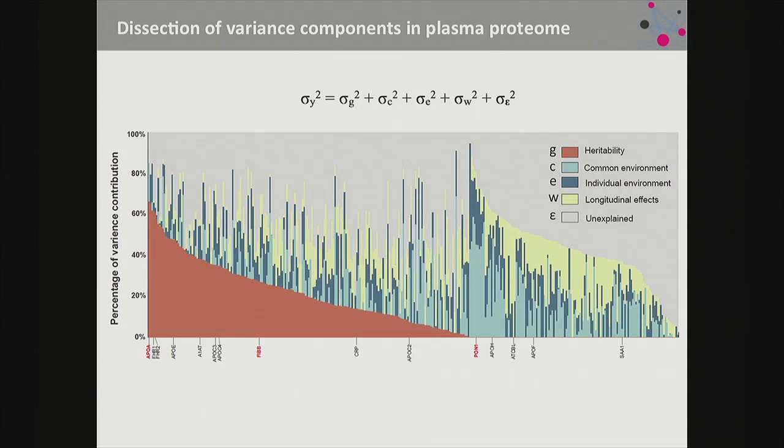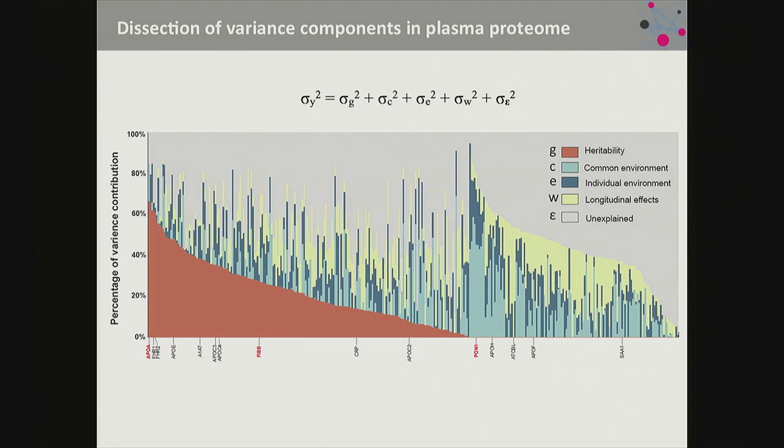We see also proteins which seem to have virtually no genetic control, so they don't really care about the genetic background in their abundance levels, but some have strong longitudinal effects. That means in the older population, the variation was larger than in the younger sample. And we have a whole number of proteins here, the bluish ones, which have a strong component of environmental control.